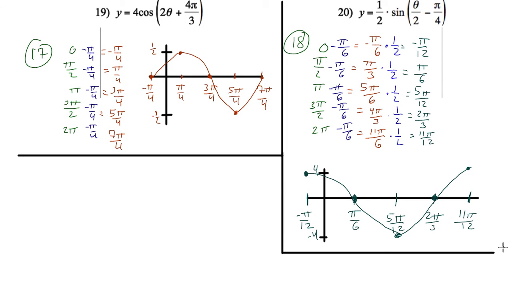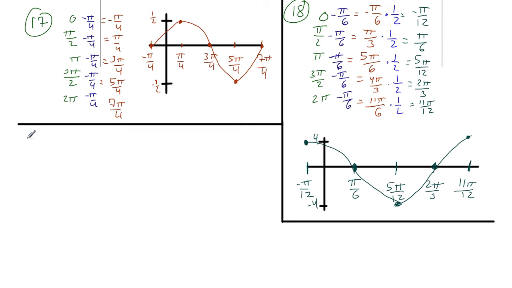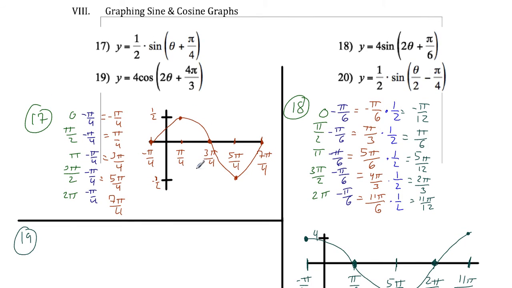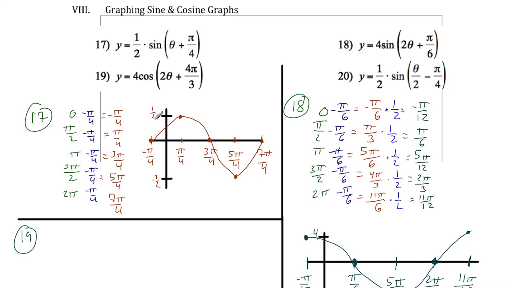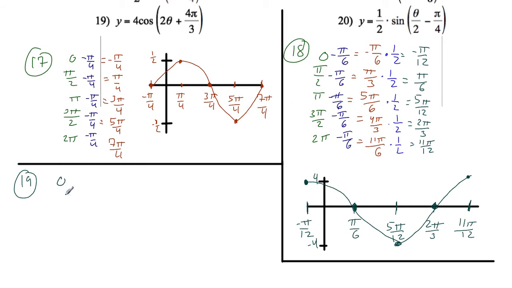Okay, how much more space do I have here? All right, try to get 19 and 20 both in here. All right, so 19, actually the same sort of idea, except we are going to be subtracting 4 pi over 3 instead. So we're going to start with the original points, 0, pi over 2, pi, 3 pi over 2, and 2 pi.